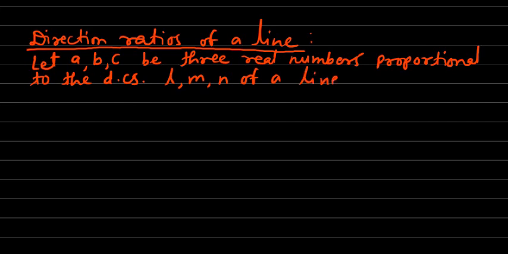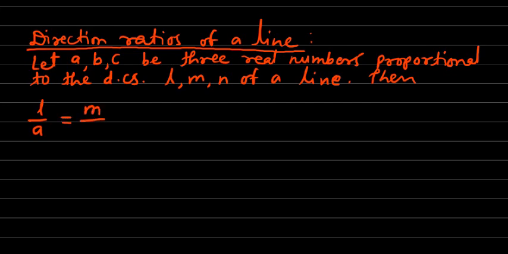This means suppose that we have a line whose direction cosines are L, M, N, and A, B, C are three real numbers which are proportional to L, M, N. Then we have L upon A is equal to M upon B.